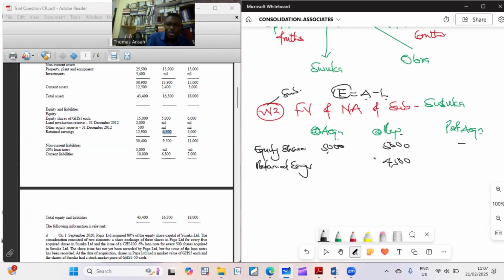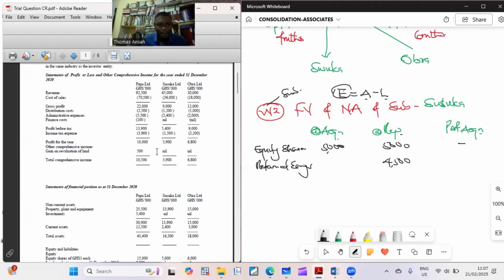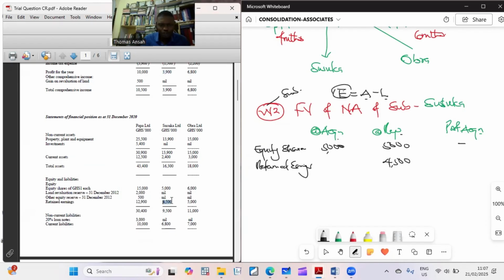But we know. How do we know? Because if you know this one is your reporting, and you have also been given a P&L, this is your P&L. So it means that before you bought the company, this figure, 3,900, is always inside this figure, because retained earnings means accumulated profits.